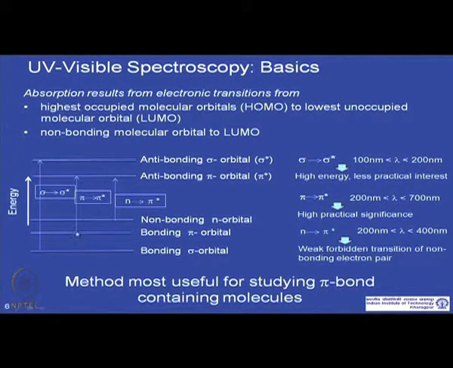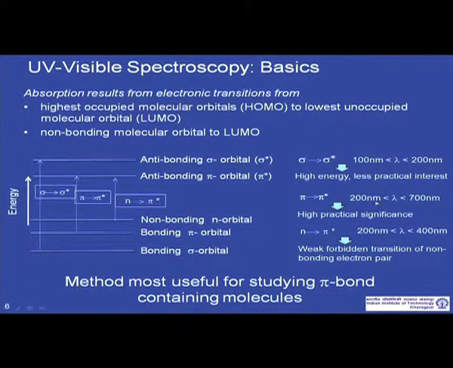If there is a pi bond in the molecule, and especially if there are many pi bonds which are conjugated, then the pi transitions are in the UV visible range.